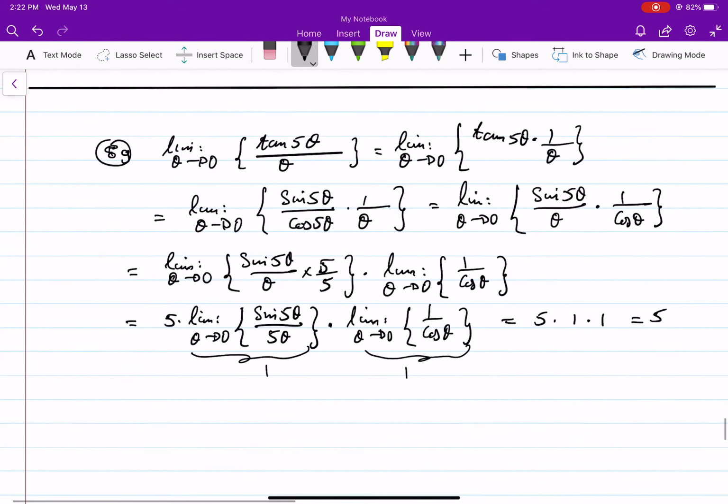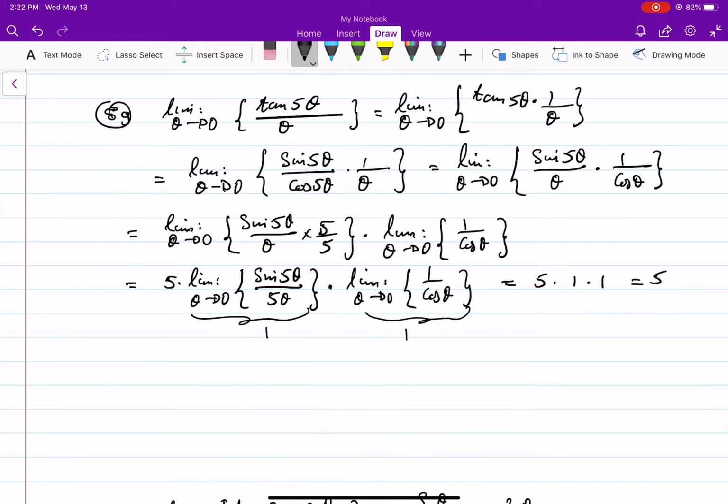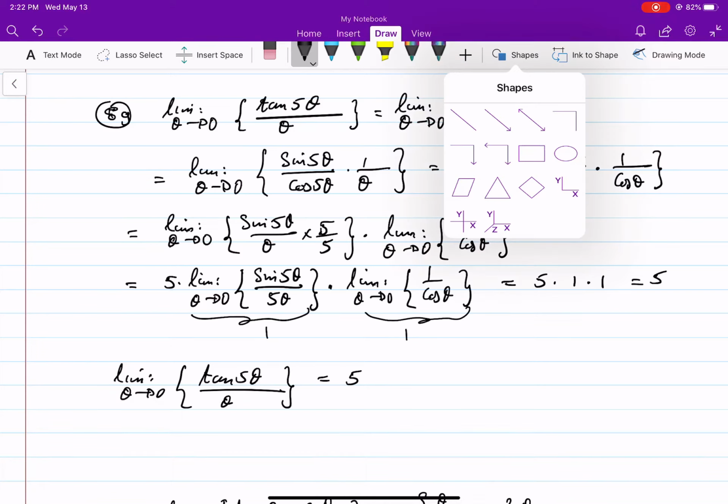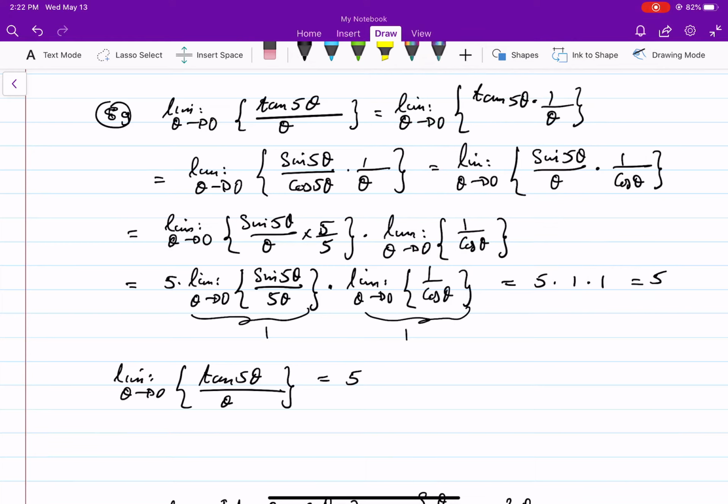Summarizing, the limit as theta approaches 0 of tan 5 theta upon theta is 5.